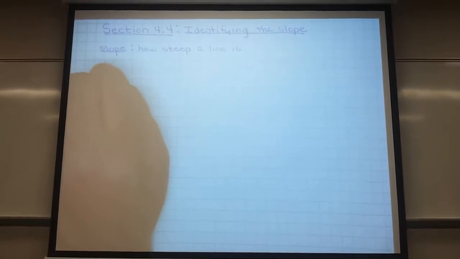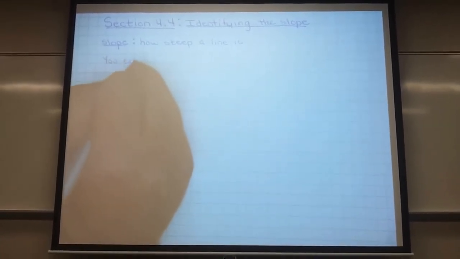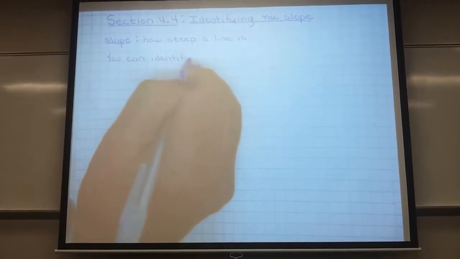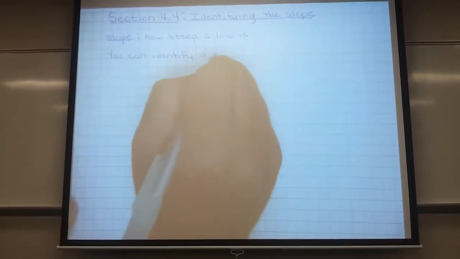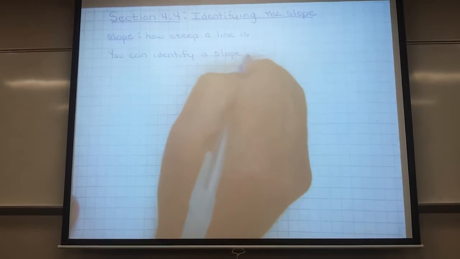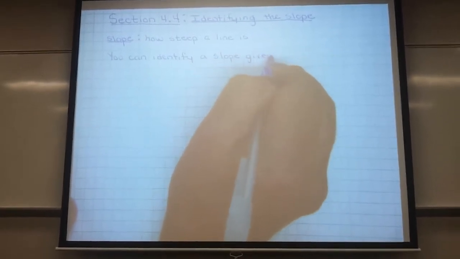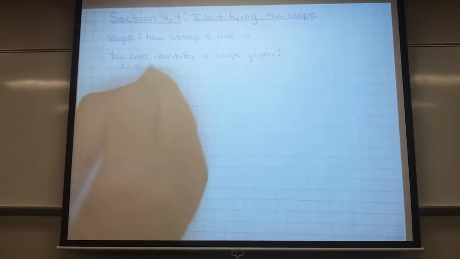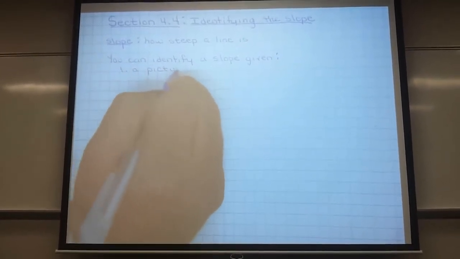Let me put here, you can identify a slope given: one, a picture. That's the first way we'll look at it.